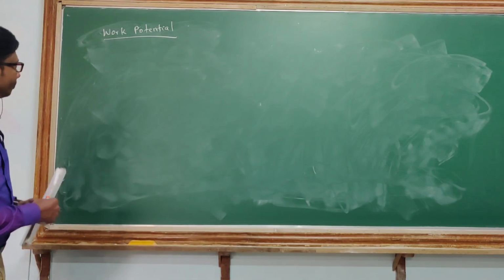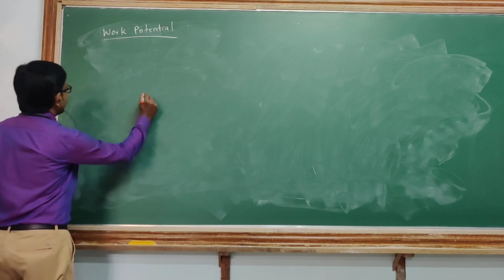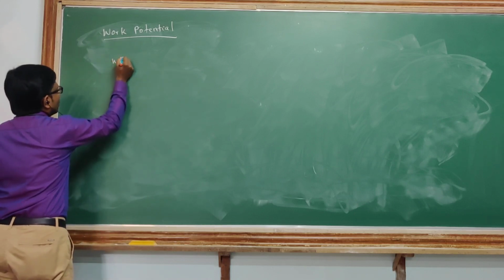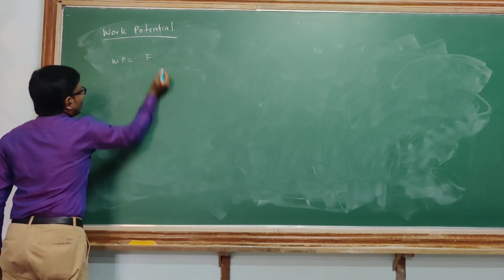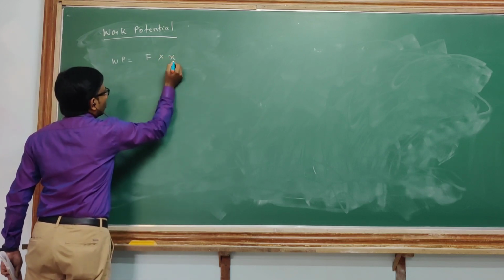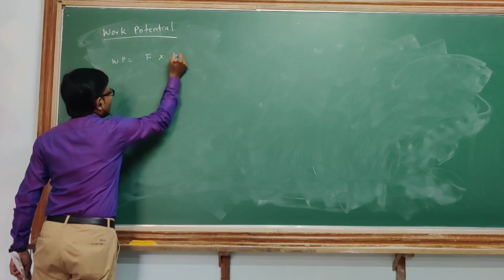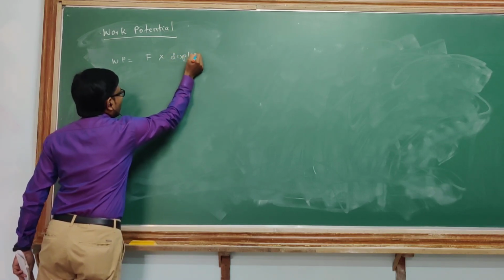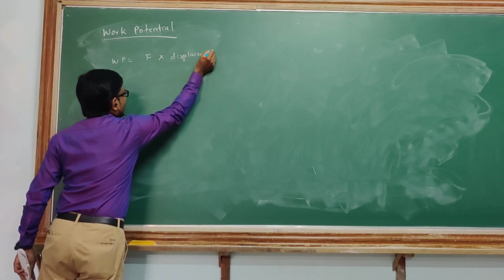Okay, so now I will be just writing what is work potential. Work potential is nothing but the work done, it is nothing but force into displacement of a body.